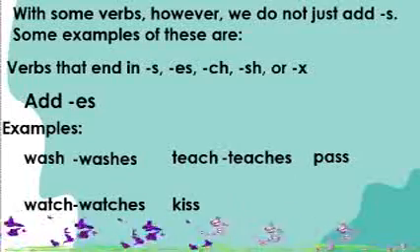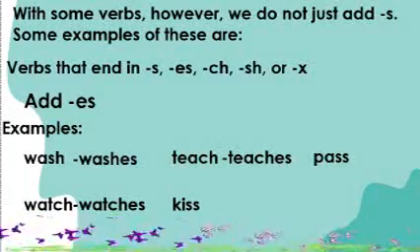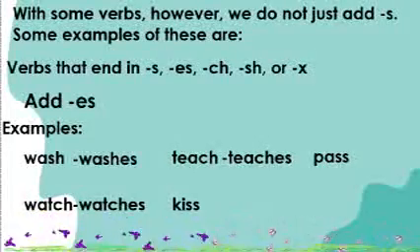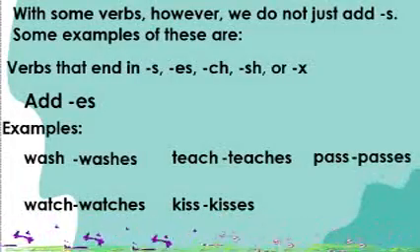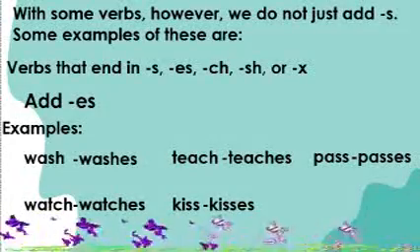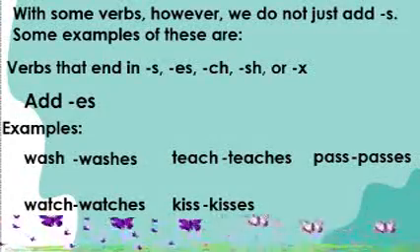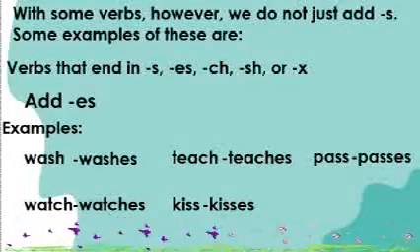Teach ends in CH, so we also add ES, it becomes teaches. Next is kiss, it becomes kisses. And then pass, passes. So that is the first one. Again, for the verbs that end in S, CH, SH, and X, we add ES.